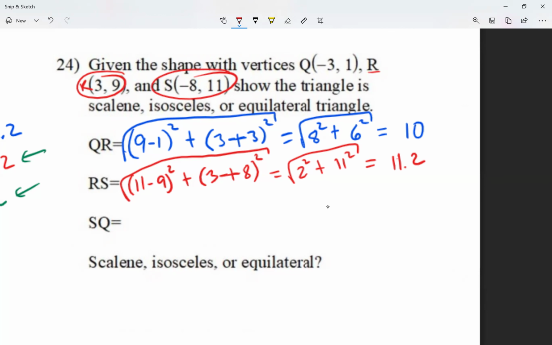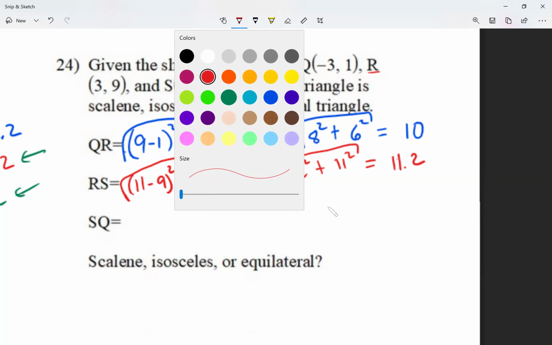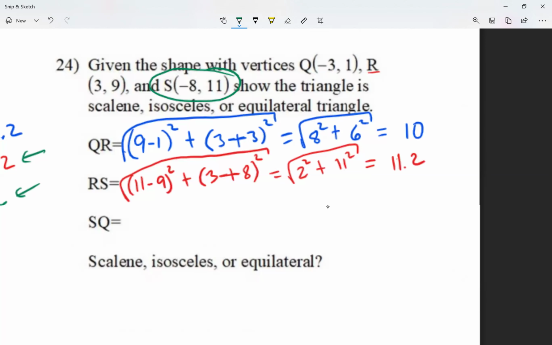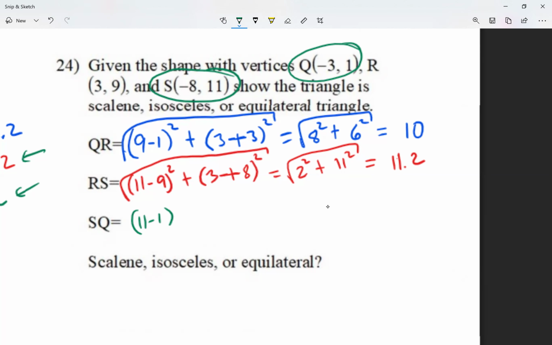Okay. Lastly, let me take a look at my side SQ. So for this one, I'm going to use the coordinates of S and the coordinates of Q. Let me start by subtracting the y's. 11 minus 1. And then let me subtract the x's. Remember my trick.